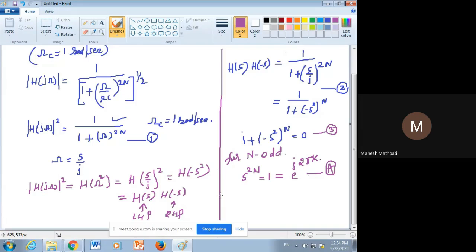Roots of equation 3 can be found as, roots of equation a, you just write equation a instead of 3. So this equation's roots we are finding.